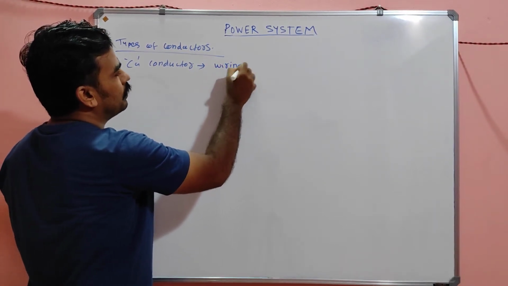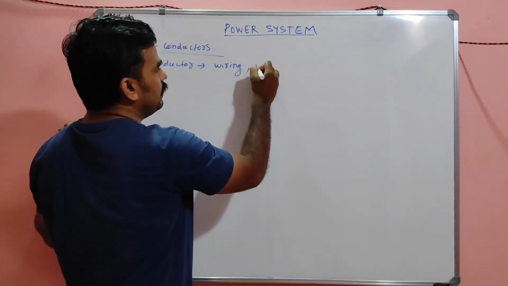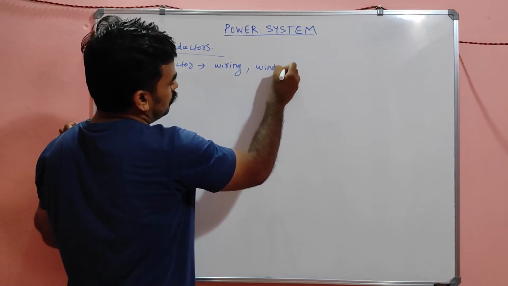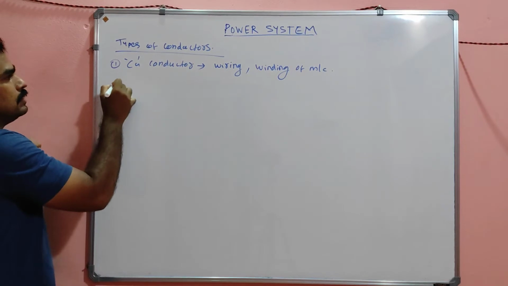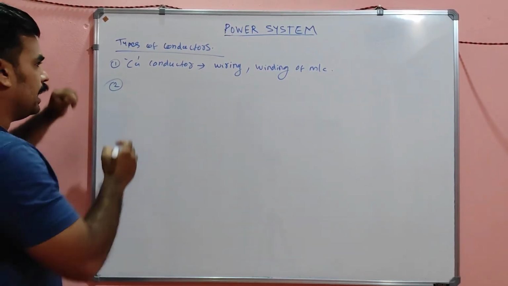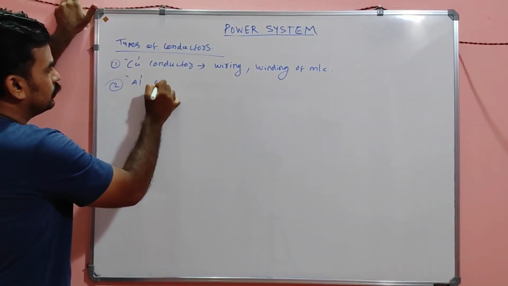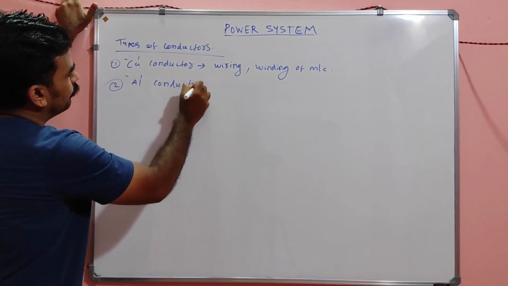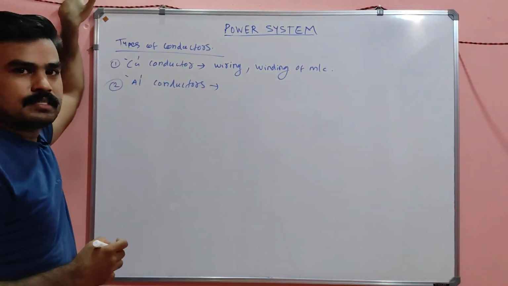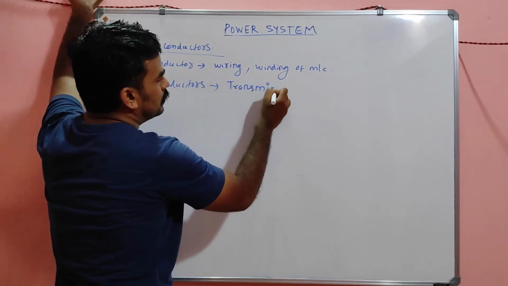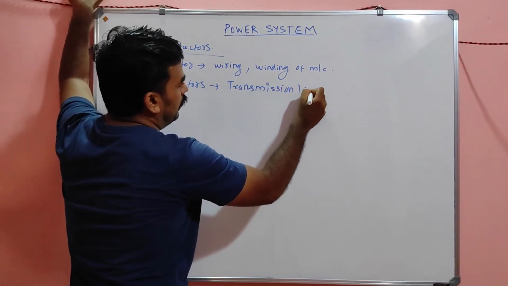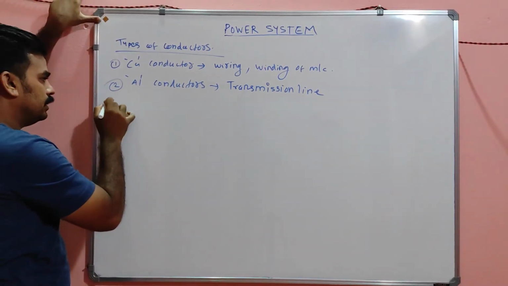And in winding of machines you can use copper conductor. Second type of conductor is aluminum conductors. Where can you use these? You can use them in transmission lines.